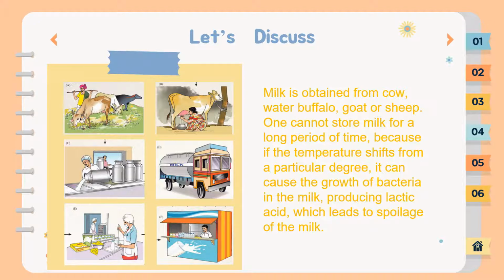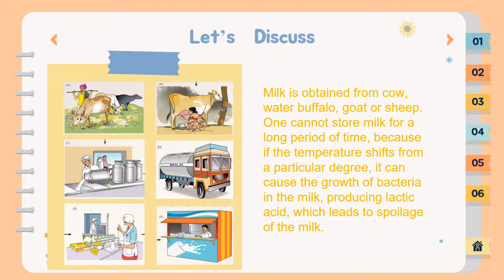Now where is the milk being taken? What happens to the milk thereafter? Milk is being taken to the milk processing center for processing milk to make milk products. And what milk products are seen in the picture? We see that ghee, butter, cheese, and Shrikhand are the products seen in the picture.